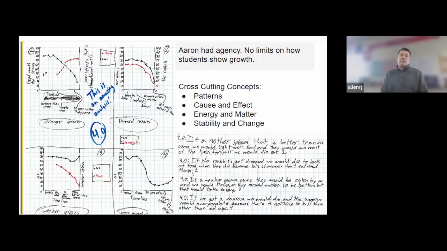So then every time we did an assessment, he was my guy of thinking outside of the box, trying to come up with ways to wow everybody with things that he would do. And he's in 8th grade now, and he still comes back to me and talks about this kind of stuff. So it's pretty cool.